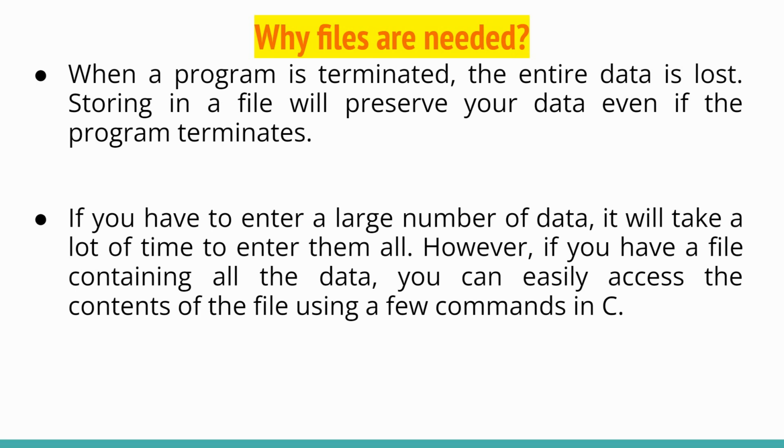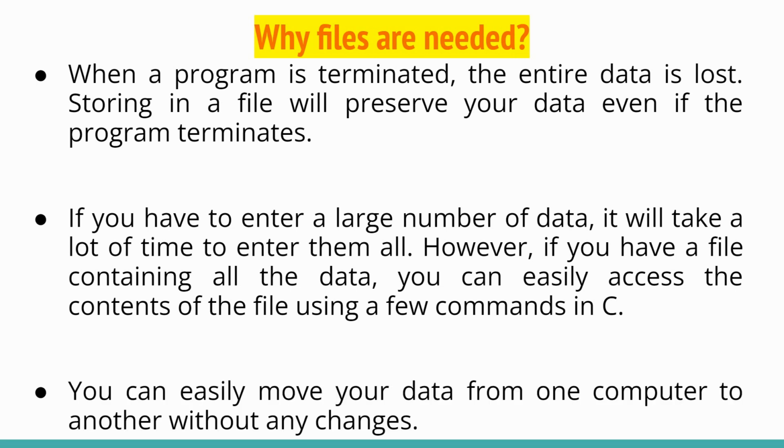If you have a large amount of data, it will take a lot of time to enter it all. However, if you have a file containing all of the data, you can easily access the contents of the file using a few commands in C language. So this is the main advantage of a file: whatever you need to use again, you can save in a file.